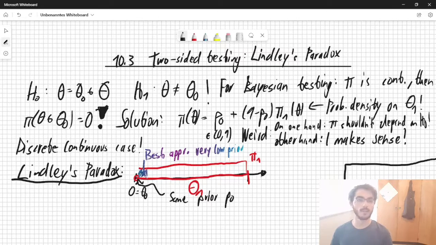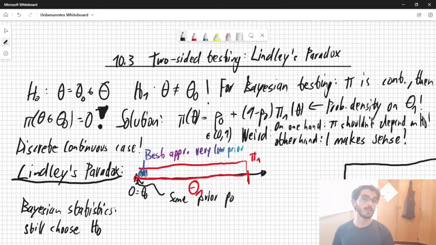So if the best value that would fit our theta is very close to theta 0, but it's not exactly theta 0, then we would still choose H0, even though H1 fits much better. H1 has one value that fits much better. So even though this value is better, we choose H0 because it's so much more unlikely under H1.